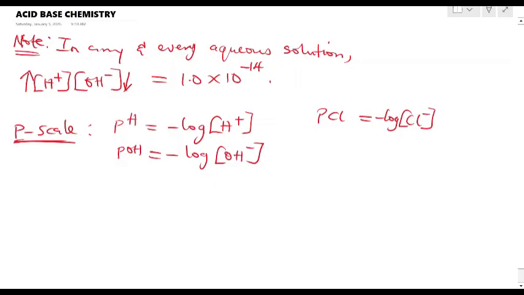So it could be P anything, and that describes the negative logarithm of whatever it is that you are looking at. However, looking at the P scale, most of the time we talk about pH, which is the hydrogen ion concentration, chosen as a standard against which other things are measured.